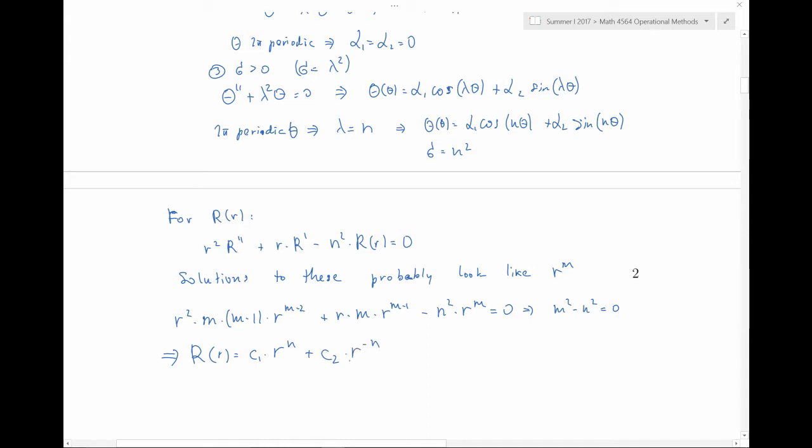We can quickly see that we can rule out r to the power minus n, because otherwise at 0 this is going to go to infinity. Therefore, it must be just a constant times r to the power n, and here we can assume that c1 is 1.